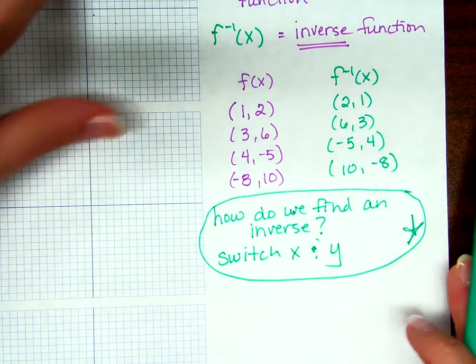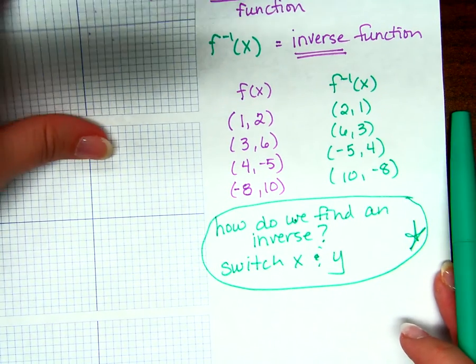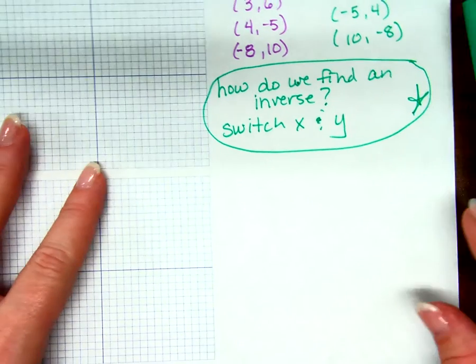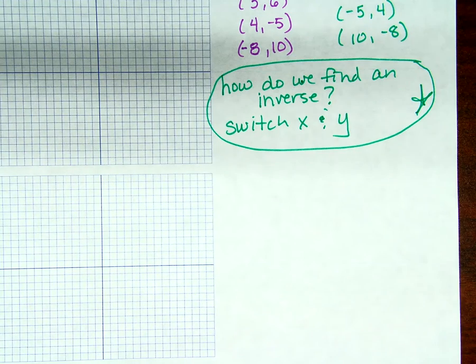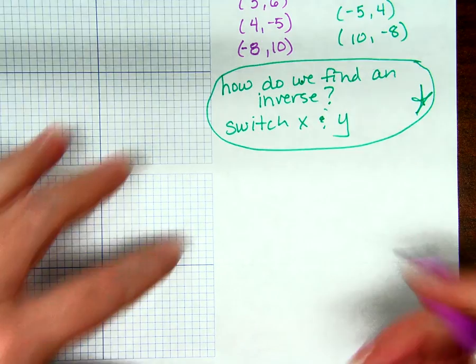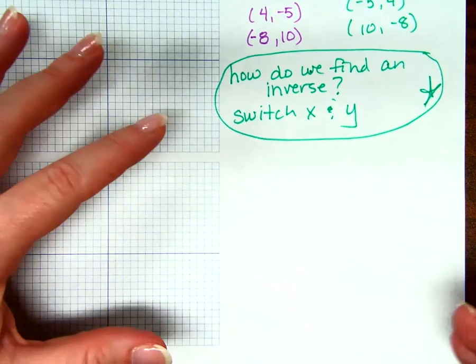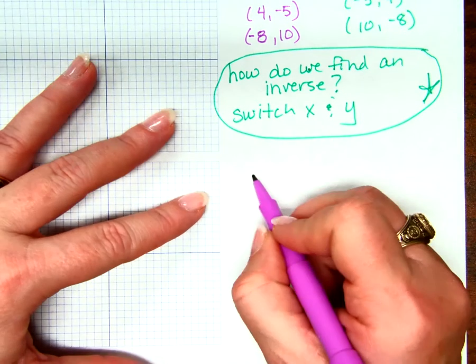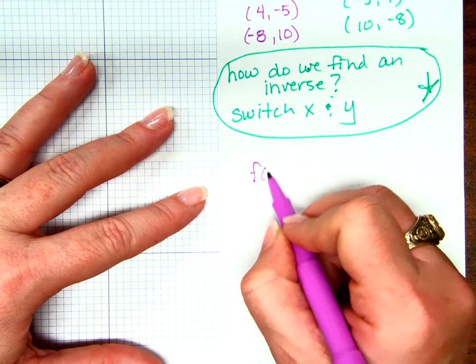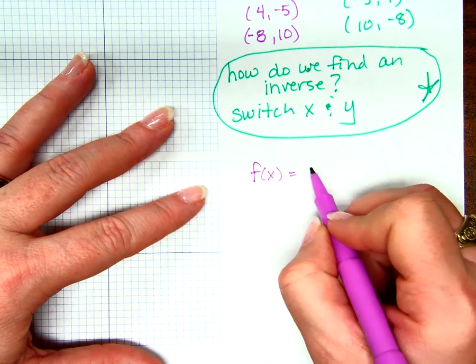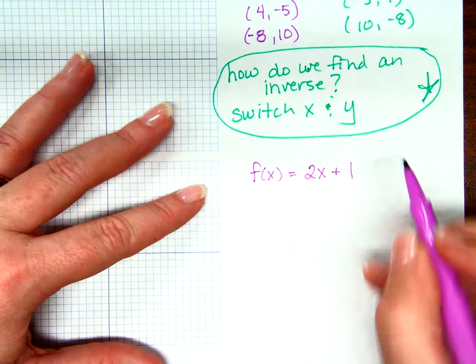Now, is it always as easy as that? No, you know it's not. Okay? Does it get too much harder, though, to be fair? No. We'll continue to start easy. Is that okay? F of x equals 2x plus 1.